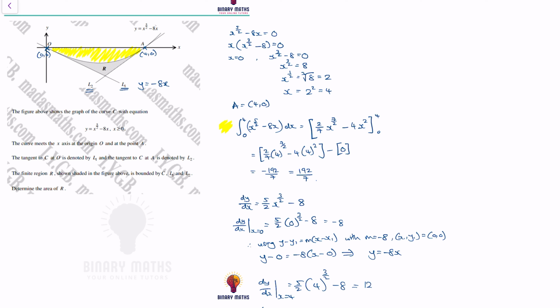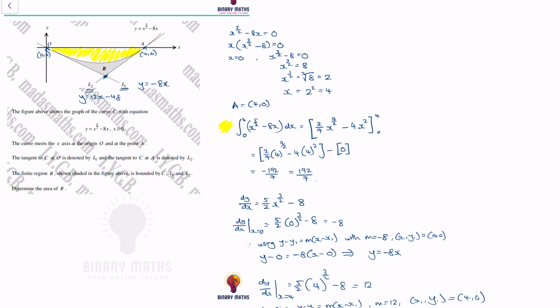So therefore, using y minus y1 is equal to m times x minus x1, with m being 12 and x1, y1 being 4, 0, then I get y minus 0 is equal to 12 times x minus 4, which implies y is equal to 12x minus 48. So this is y is equal to 12x minus 48.